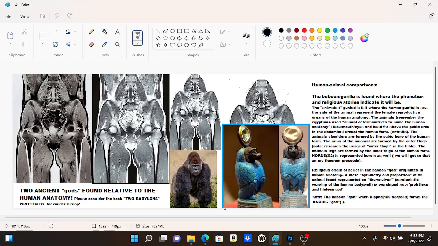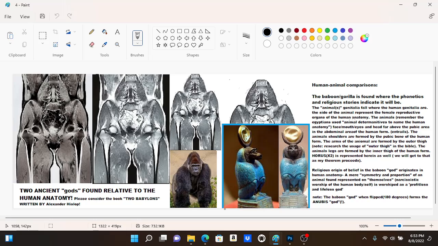The side of the animal represents the female reproductive organs of the human anatomy, as well as the abdominal area and the pubic area of the gorilla, and the side and the obliques and the hip part of the hips, actually above the hips in the abdominal area, fall relative to basically those same parts of the human anatomy, just like the genitalia of the animals fall where the genitalia of the humans are.